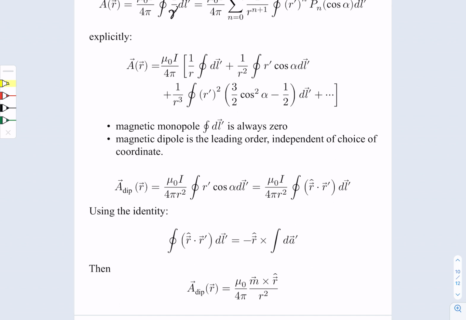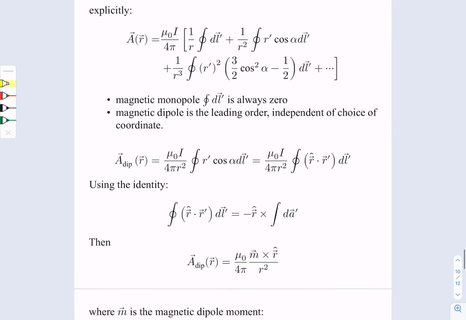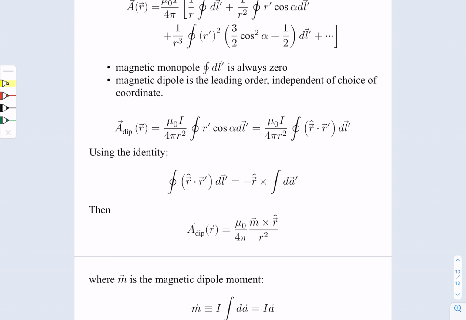So we can rewrite the expression here, and the way that we try to do this is to pull this coordinate r out of the integral, so we can have exactly a term that is independent of this integral, and hopefully that gives us the dipole.